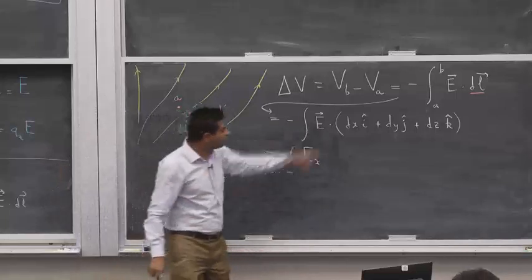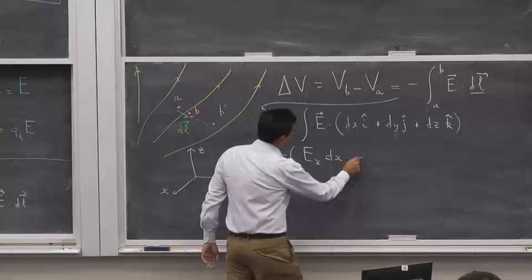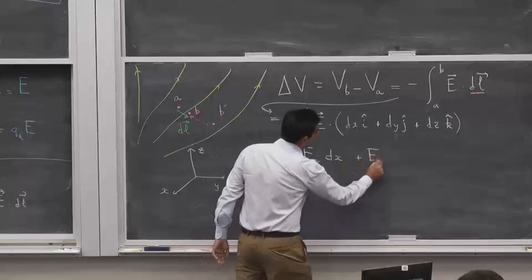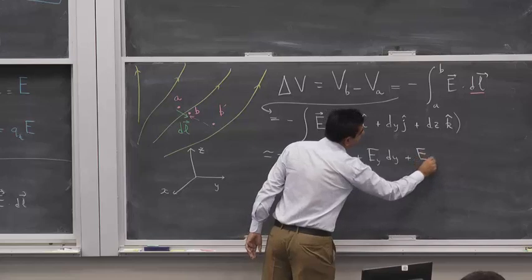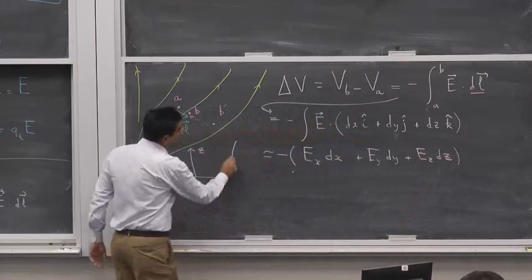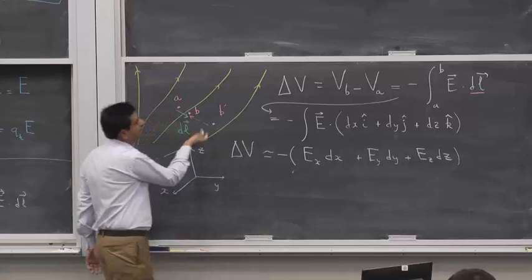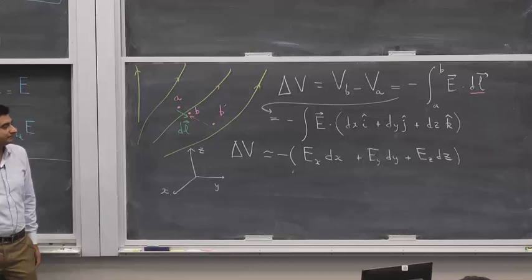And when you take a dot product, you're left with minus Ex dx plus Ey dy plus Ez dz. Now this is the difference in potential between points B and A.